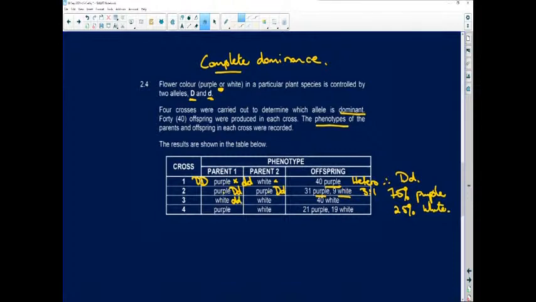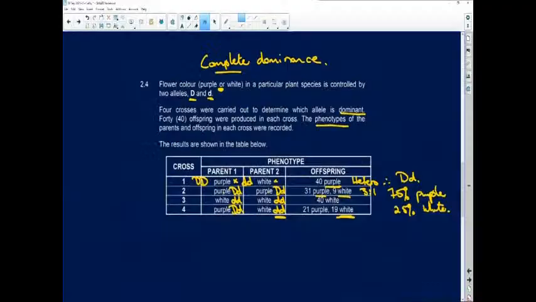That's because white is recessive, and purple and white, the fact that we end up with white offspring means this purple is heterozygous, and we know that for the recessive trait to come through, you always need 2 recessive alleles, always. 2 recessive alleles for that recessive trait to come through.